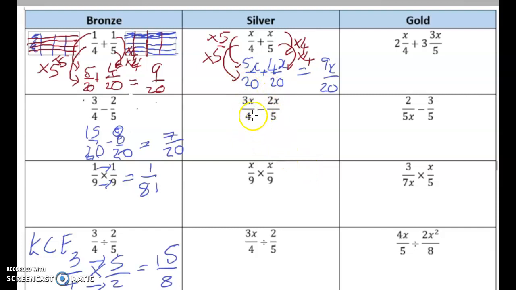When you're subtracting, exactly the same thing. Have a look at this example here. When we're subtracting, we're writing them both as a common denominator. We've timesed the bottom by 5 here, so we times the top by 5, and that gives us 15x.